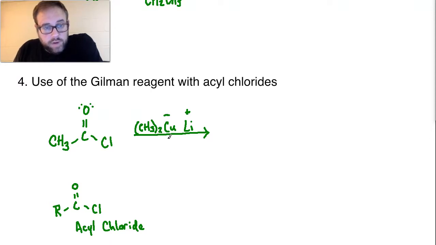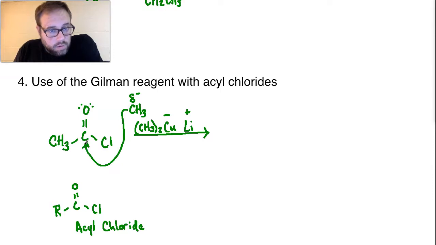Now the Gilman reagent is going to generate the CH3 group that you need, kind of like a Grignard reagent would. So this will come in and attack the carbonyl. This will then open up as it would in a normal nucleophilic attack.